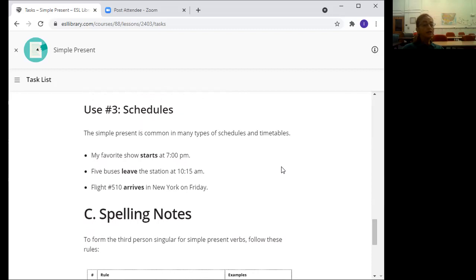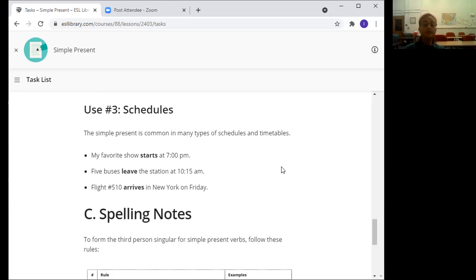So it's like, my favorite show starts at 7 p.m. This may be one time in the future, later today, or it may be every night. So it may be a repetition or a statement of schedule which will happen in the future, but you don't need to use the future tense. We use the simple present tense.